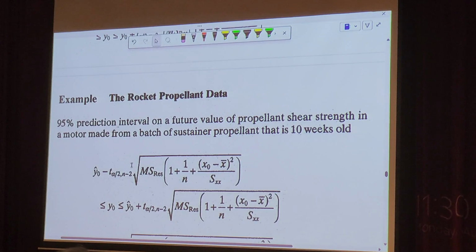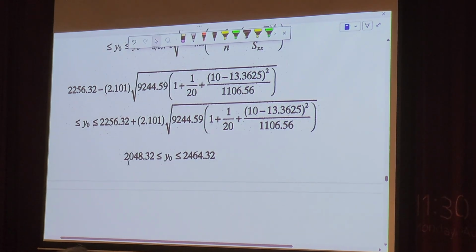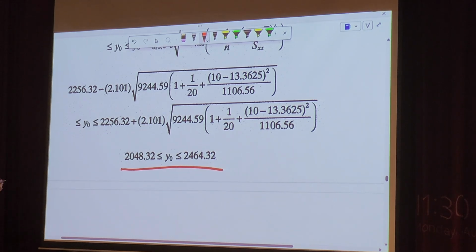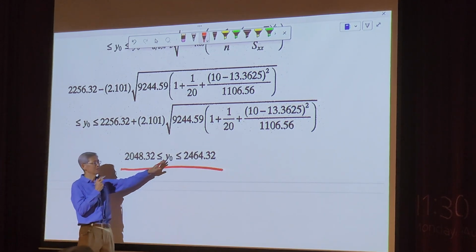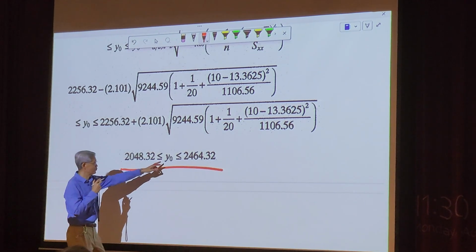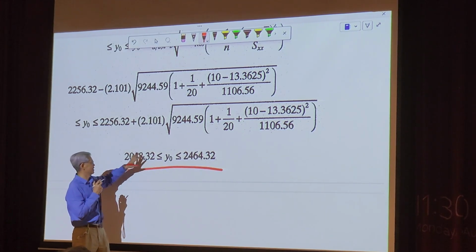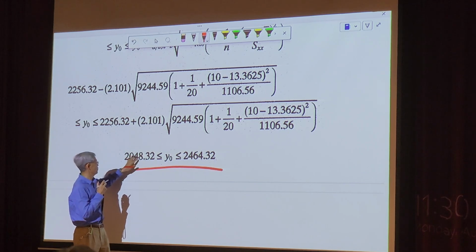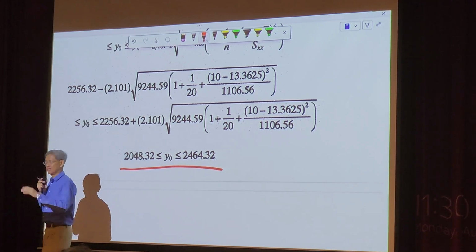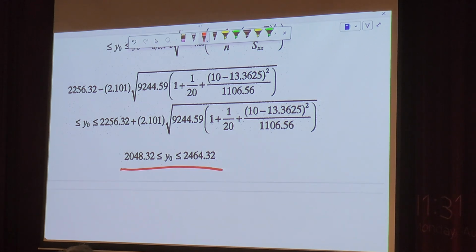So you can refer to the rocket propellant data and then calculate it. And then, as I warned you before, this statement is not totally true. Technically, it's not true, because this says the future observation of this person 6 years after graduation is between 2048 and 2046. This is definitely not true. Yeah? The guy could be earning $1 million. Okay?